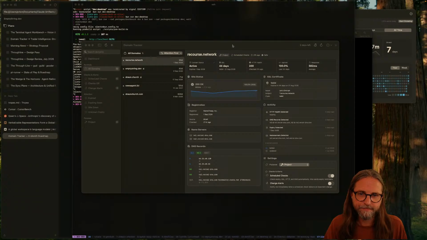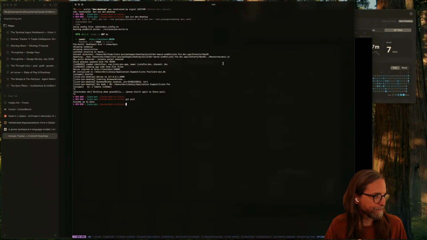Yeah, losing domains is a drag, man. It really sucks. Yeah, fair.